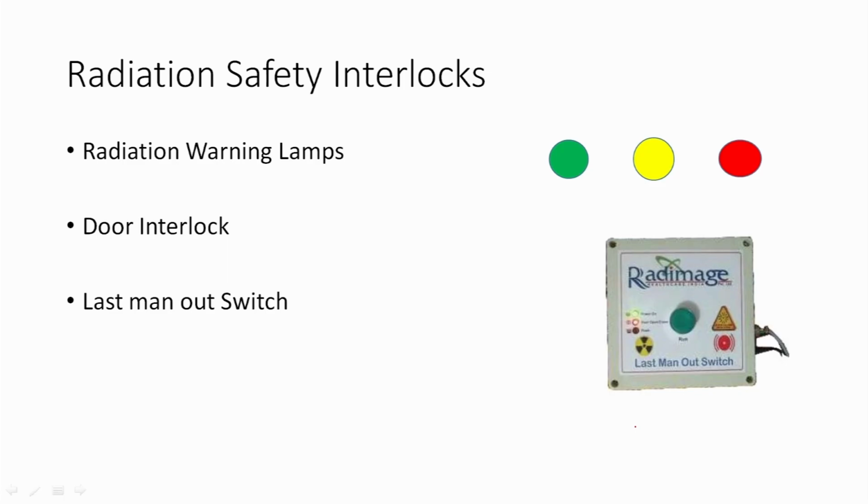The radiation warning lamps, you can look at the picture. These are the radiation warning lamps, which are like day-to-day life local traffic signals, in which there are three colors: green, yellow and red. What is the purpose of radiation warning lamps?